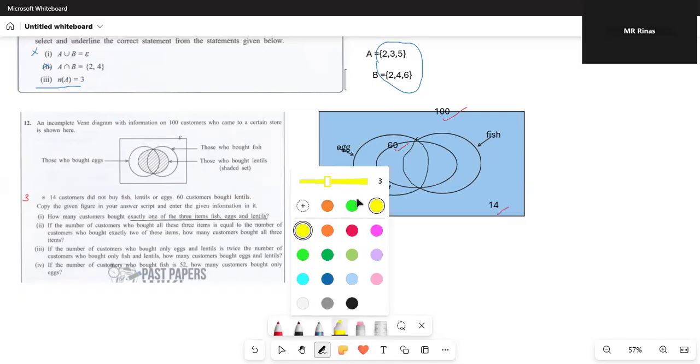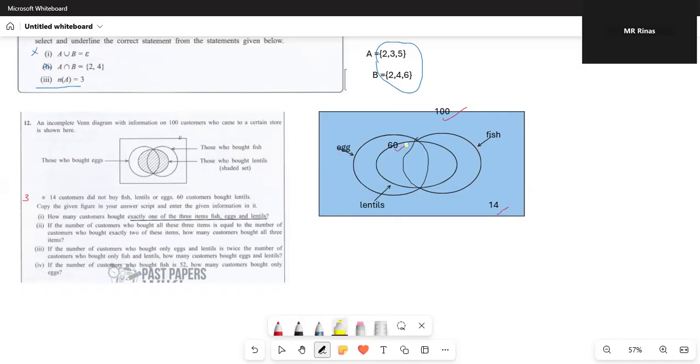Here, in this one, this yellow circle is representing lentils. So they are asking about only one. Now this portion represents the people who bought the egg. The circle between egg and lentils, this part represents fish and lentil.